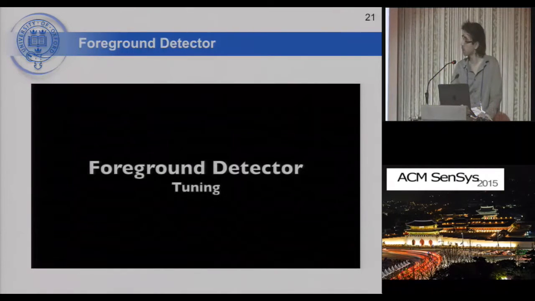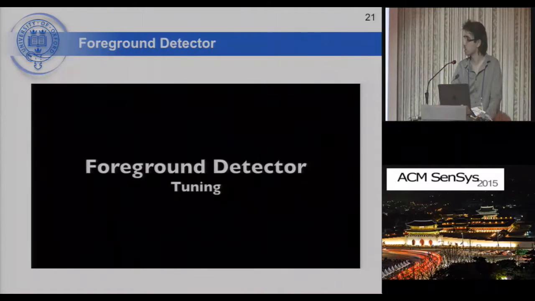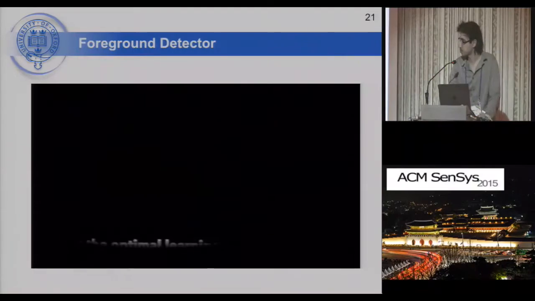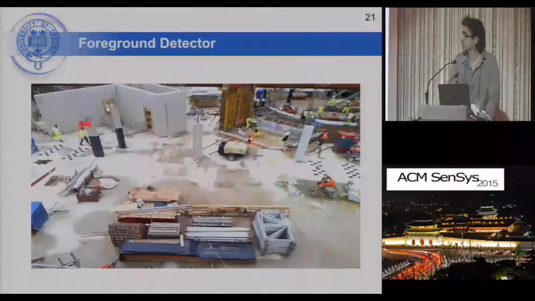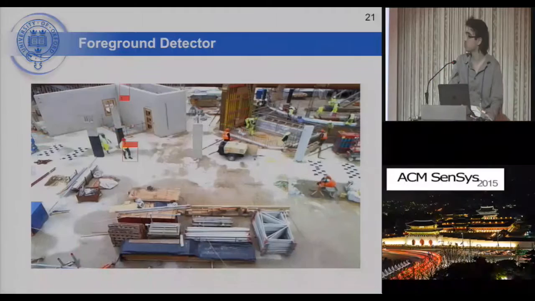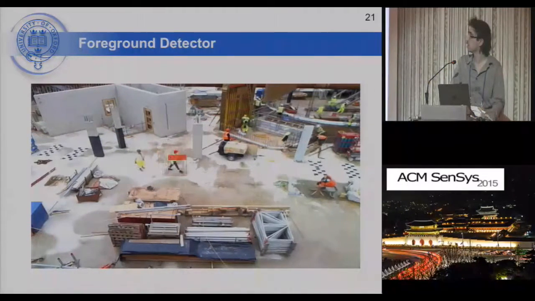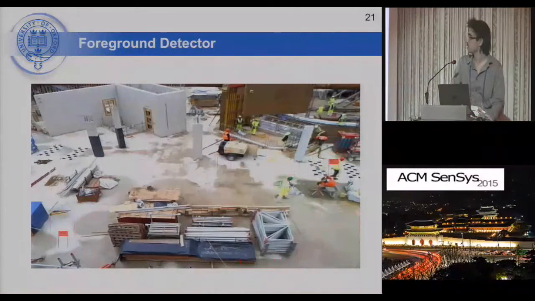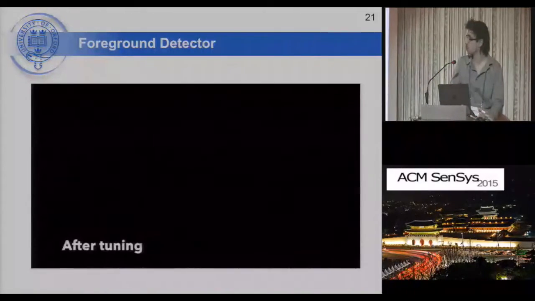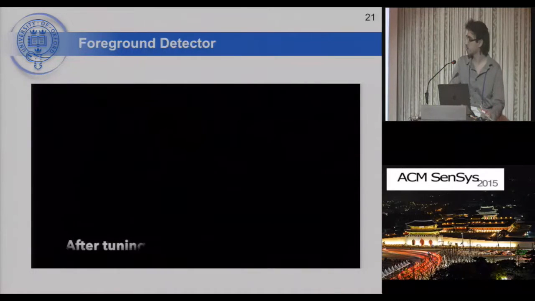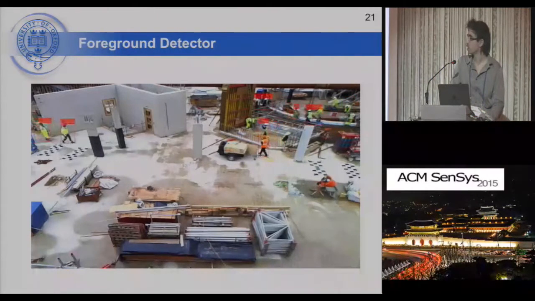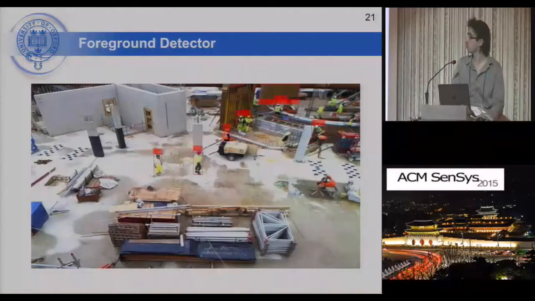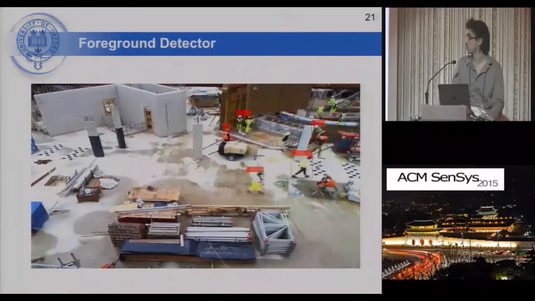One example is when we run the foreground detector using a bad learning rate, this happens here. You can see that we have a lot of visual noise, and the people are not getting detected very well. So it's a bad result and we cannot use it. After tuning, when we find the right learning rate, which happens automatically in our system, you can see that the detections now are more stable, and it's something that we can work with.